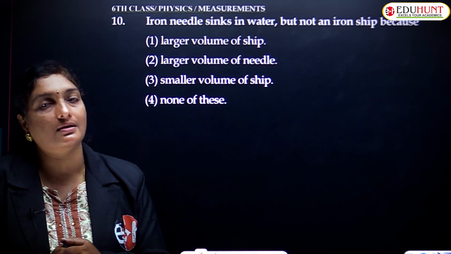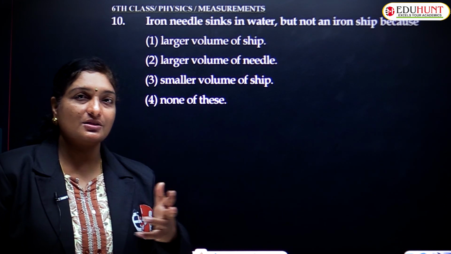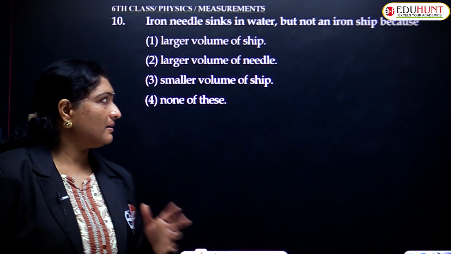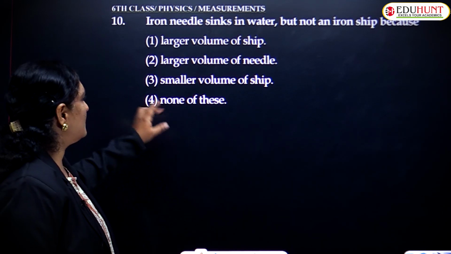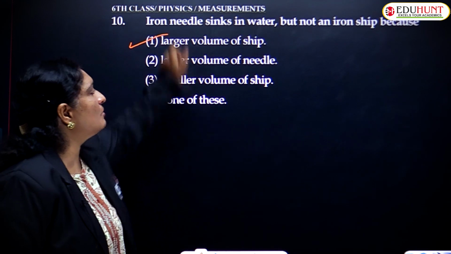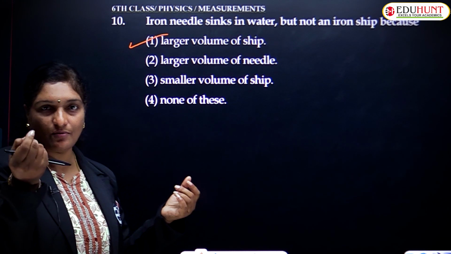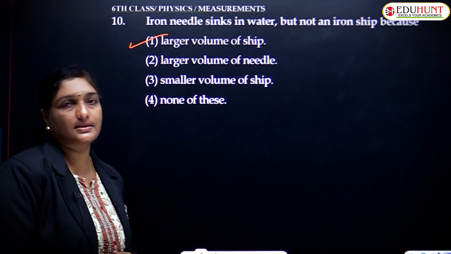What makes the difference? Volume. Because of the larger volume of the ship, it floats, whereas because of the less volume of the iron needle, it will sink down.